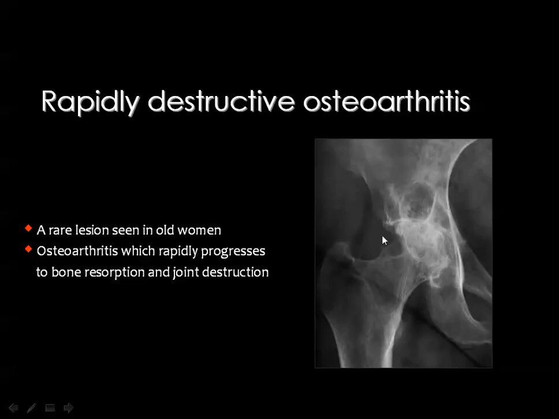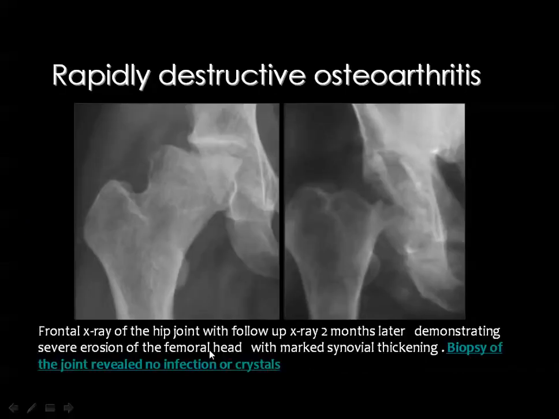You got pseudocystic changes and flattening collapse and bone sclerosis of the femoral head as well as the acetabulum. In this particular example, you can see that the follow-up X-ray after 2 months showed significant destruction and osteolysis of the femoral head and neck.